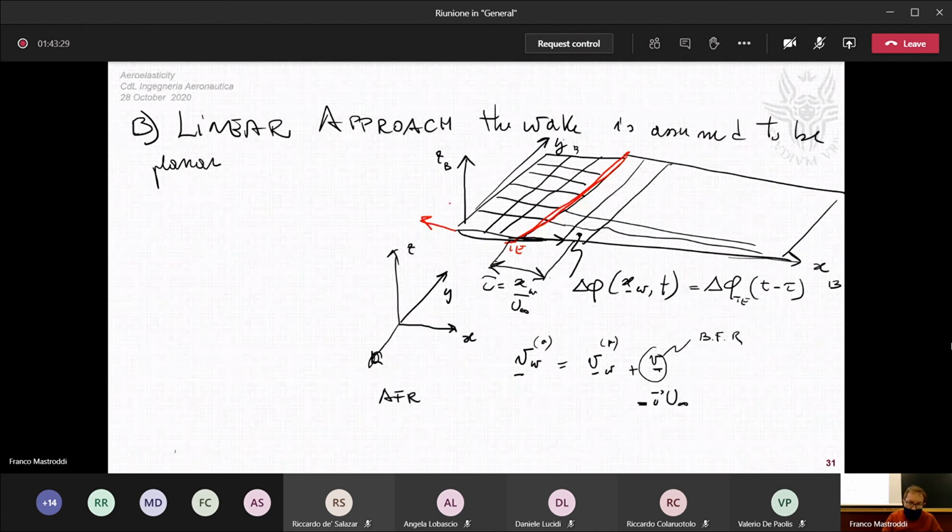Okay, and so this velocity is minus i, unit vector in x-axis, u infinite.